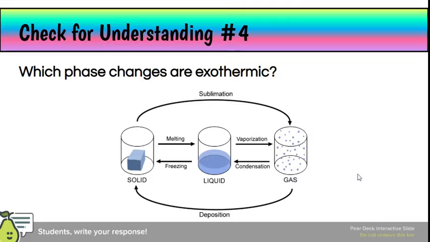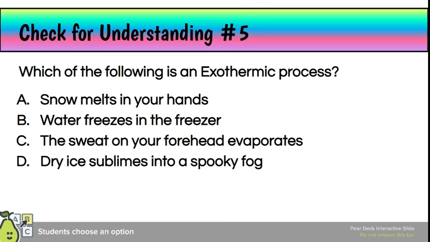All right, so you have some more check for understanding questions. You're going to write down which phase changes are exothermic. Here's another one. Which of the following is an exothermic process?